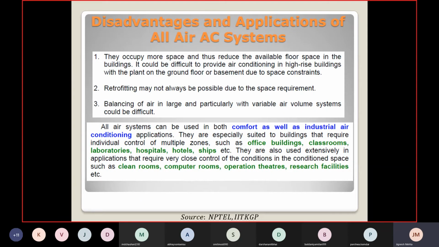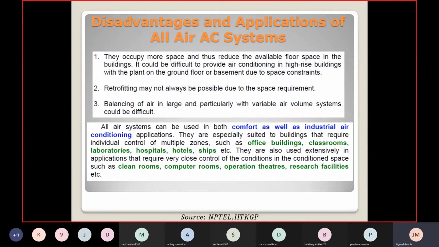Balancing of air in large and particularly with variable air volume systems could be difficult, right? So you want to change the amount of air in different spaces at different points of time, and the need may be changing continuously. It's a dynamic situation, so the balancing may not be that easy.